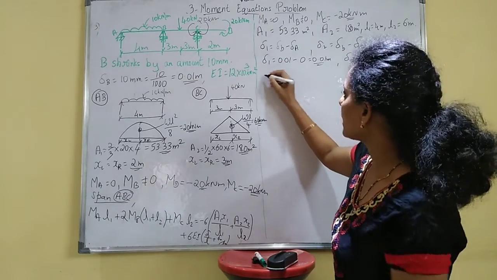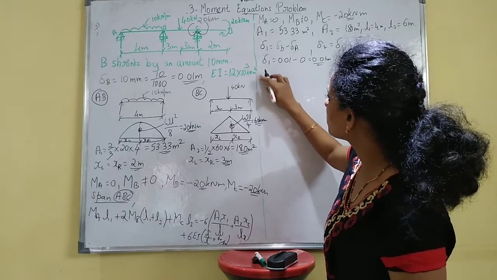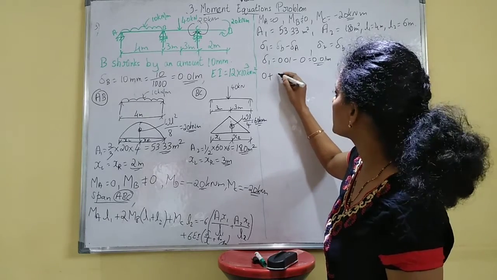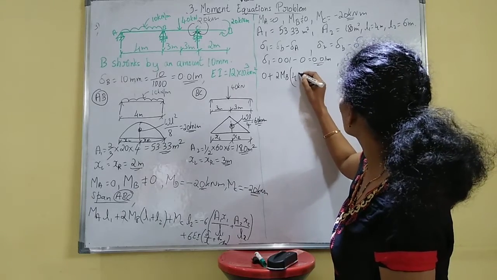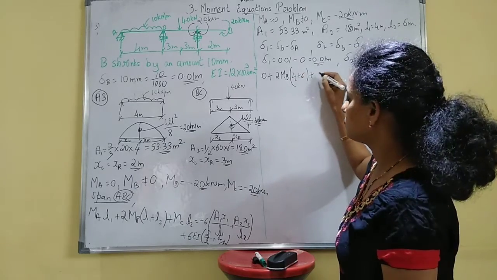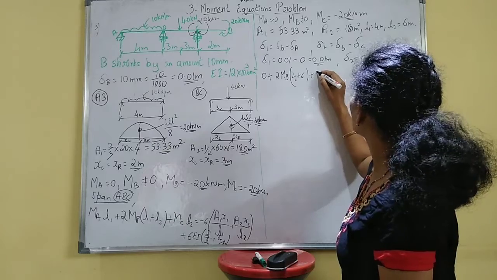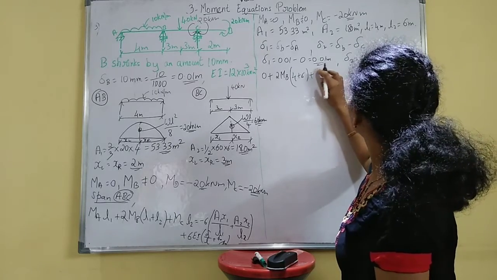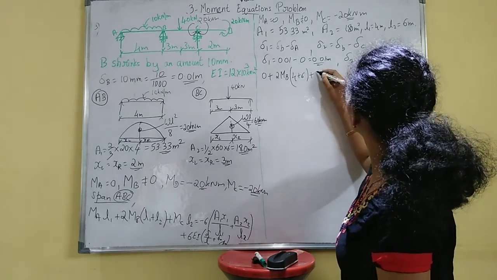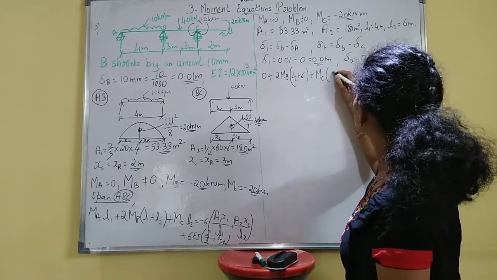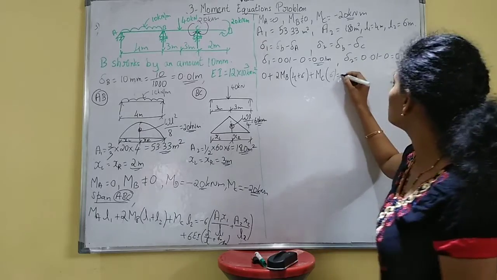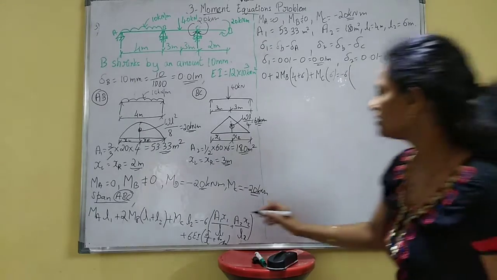So now substitute back. So MA is 0, directly 0 plus 2 times MB, L1 is nothing but 4 plus 6 plus MC into L2, L2 is 6, which is equal to minus 6 A1.